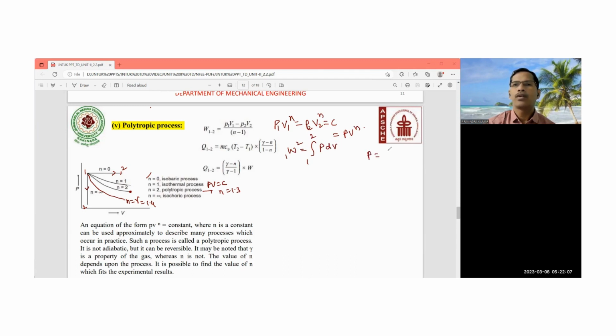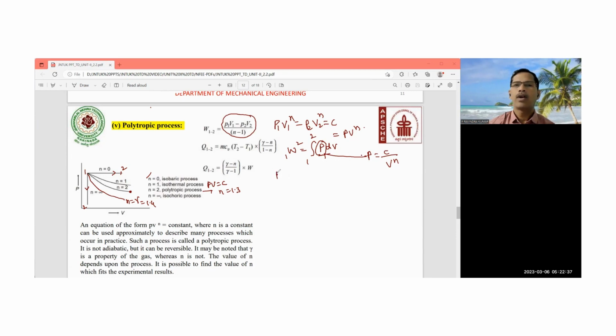P is nothing but equal to C by V to the power of n, right? So when you substitute this P, carry out that particular work, then you will get the equation as like this one: P1 V1 minus P2 V2 divided by n minus 1.